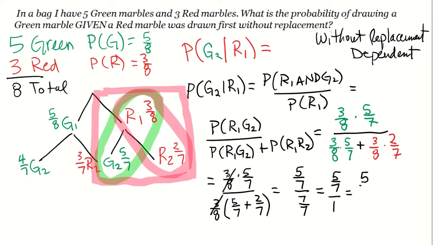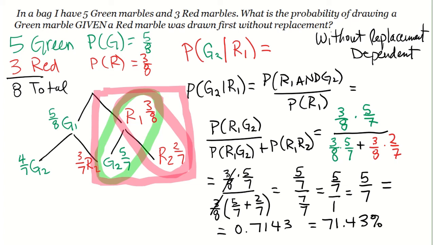It's going to give me a probability of 5/7, which is what we calculated before, and that calculates to 0.7143, which equals 71.43%.